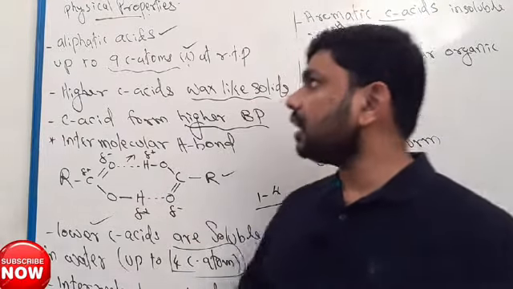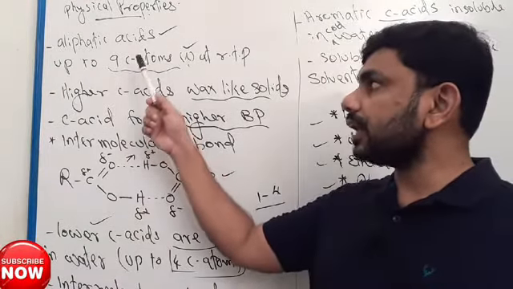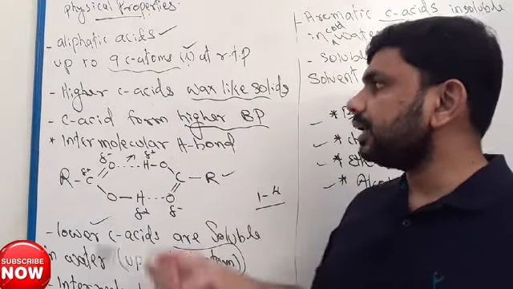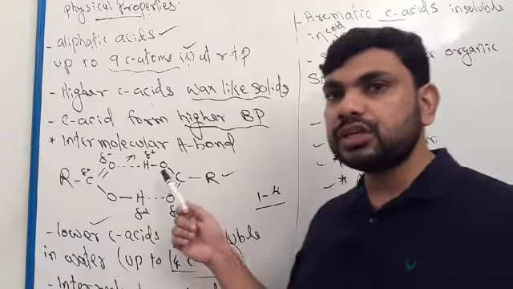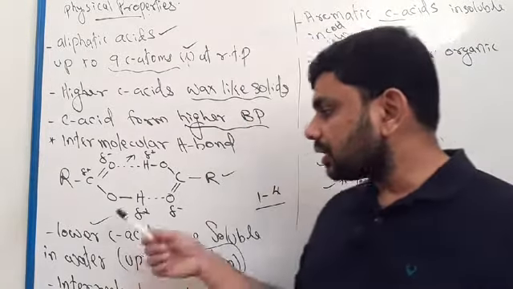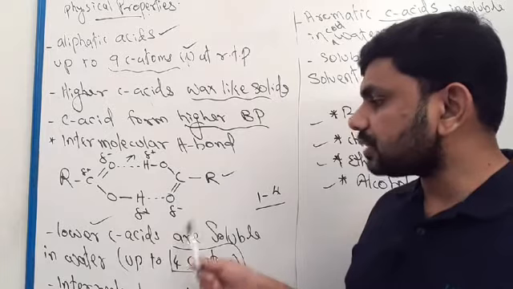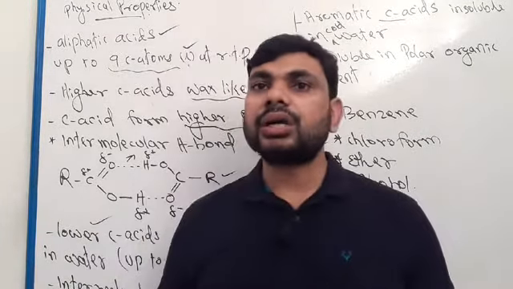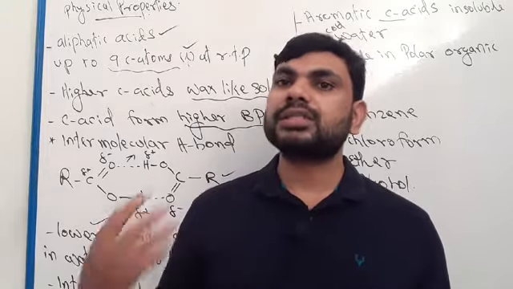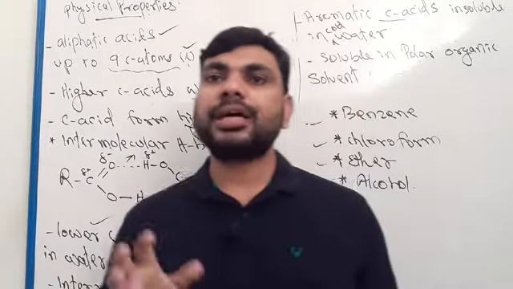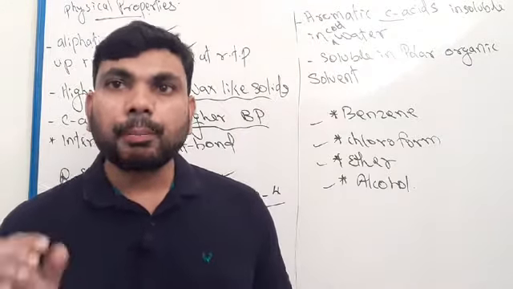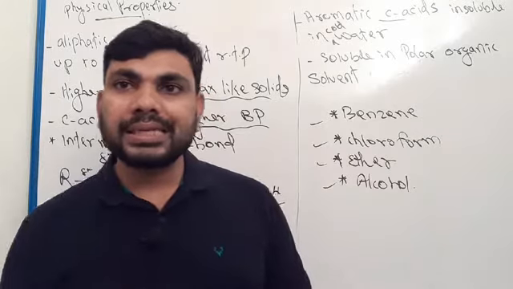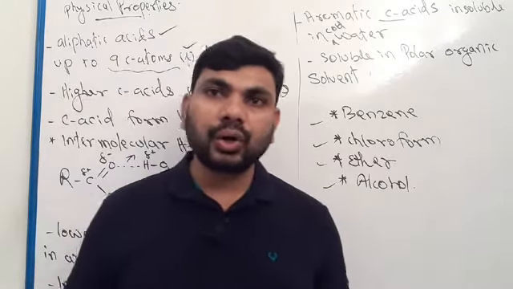Aliphatic carboxylic acid up to 9 carbon atoms are liquid, higher carboxylic acid are wax-like solids, they show higher boiling point because of intermolecular hydrogen bonds, and carboxylic acid up to 4 carbon atoms are miscible with water, and aromatic carboxylic acid does not dissolve in cold water but dissolves in hot water. Also aromatic carboxylic acid dissolves in polar organic solvents. Examples of polar organic solvents: benzene, chloroform, ether, alcohol.